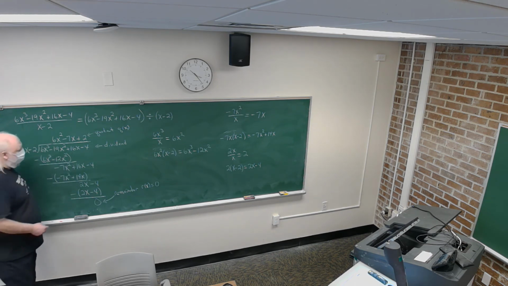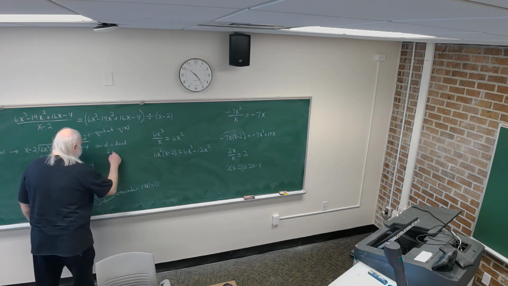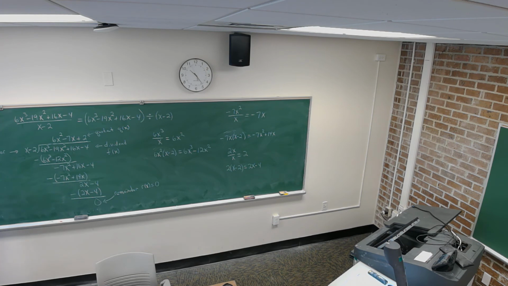And the dividend, which is just the name of the function, okay, in this case is f of x. And the divisor, we typically use d of x to represent the divisor, right? All four of those, the quotient, the divisor, the dividend, the remainder, are functions of x when you're dividing polynomials. Okay.